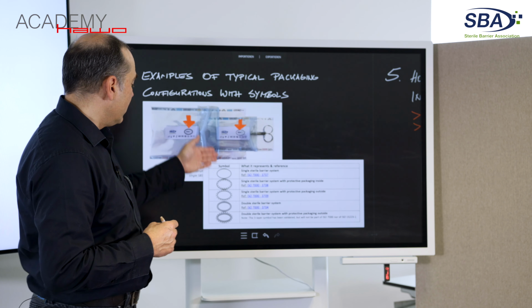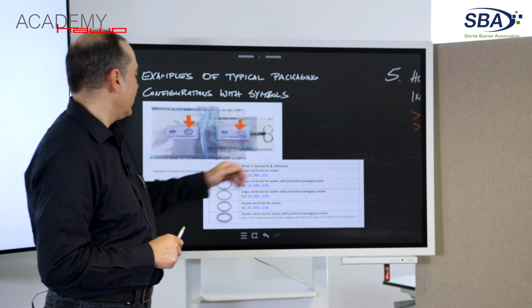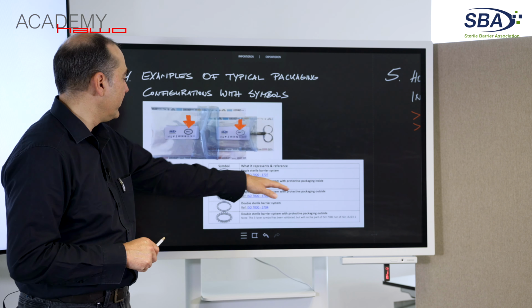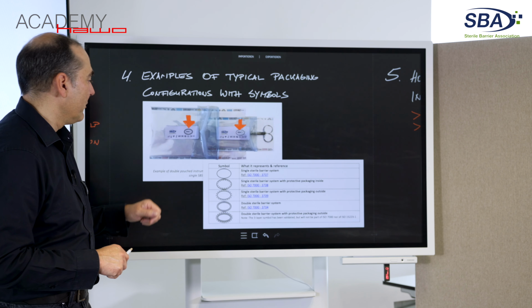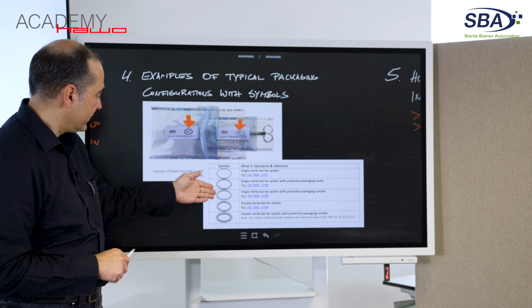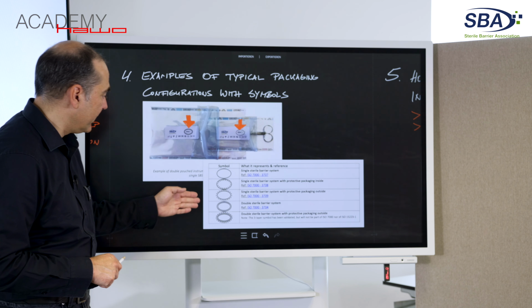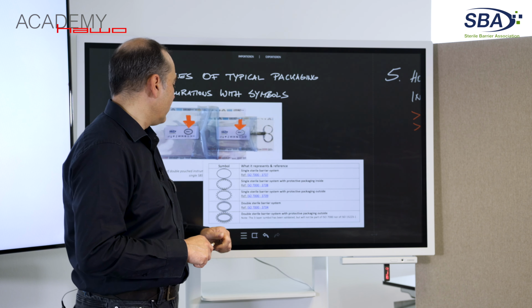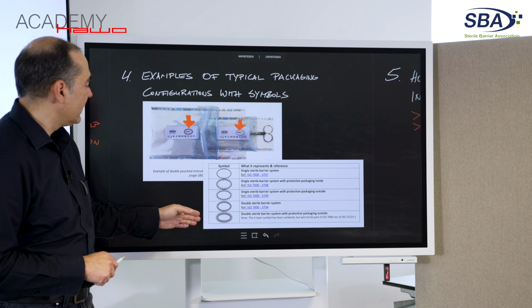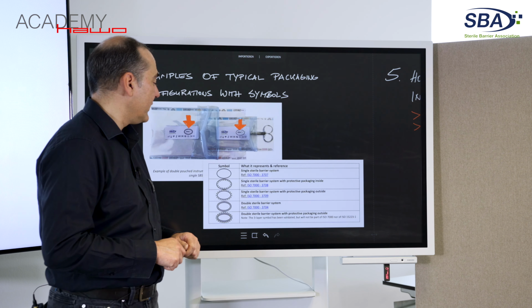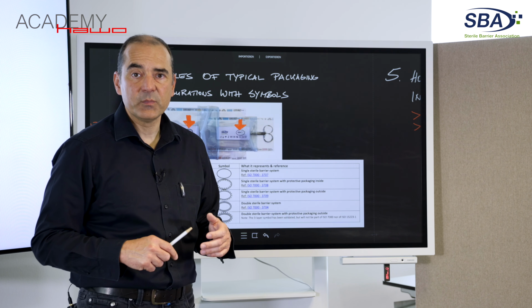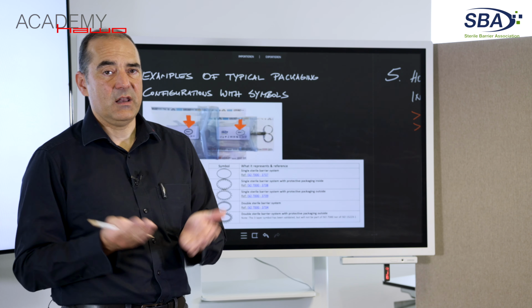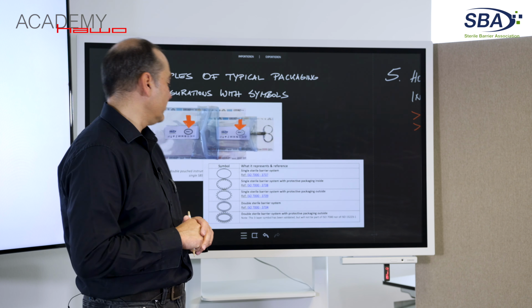Just to name a few here: the single sterile barrier system with protective packaging inside, the protective packaging outside, the double sterile barrier system, as well as the double sterile barrier system with a protective layer on the outside.